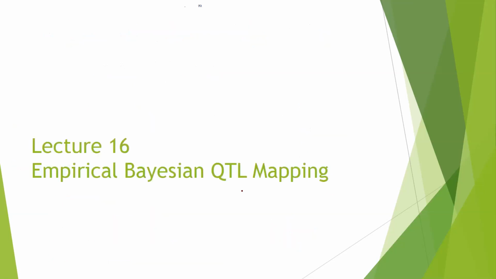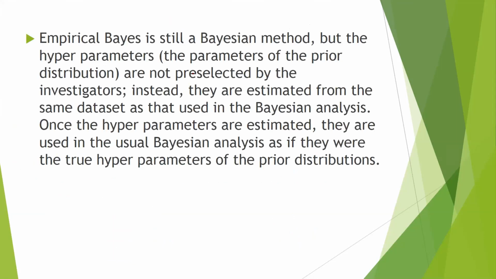And the empirical Bayesian QTL mapping is a modified version of the Bayesian QTL mapping. The empirical Bayesian method is still a Bayesian method. The only difference is that in the regular Bayesian method, the hyperparameter, which is the parameter of the prior distribution, will be pre-selected by the user.